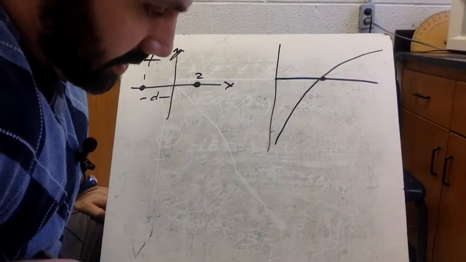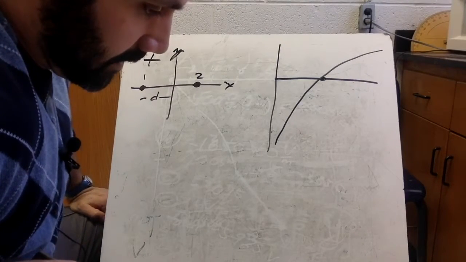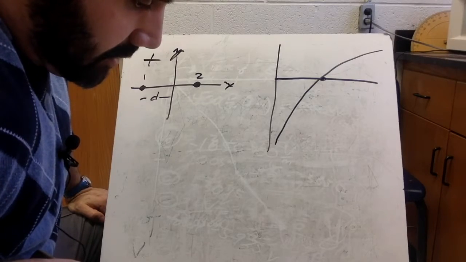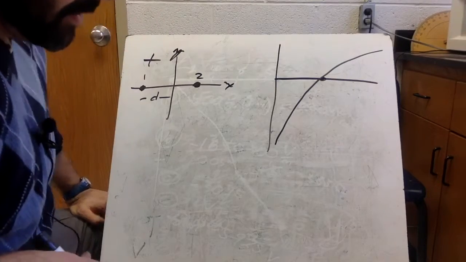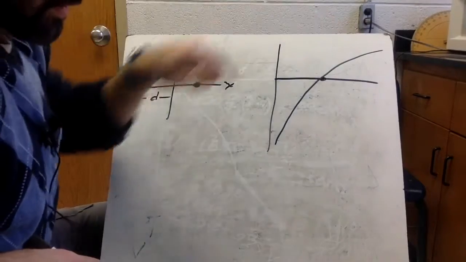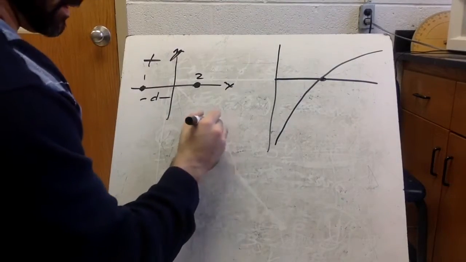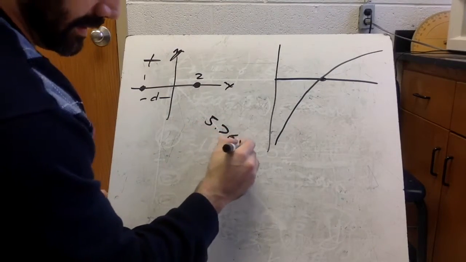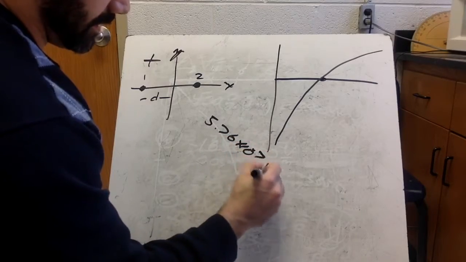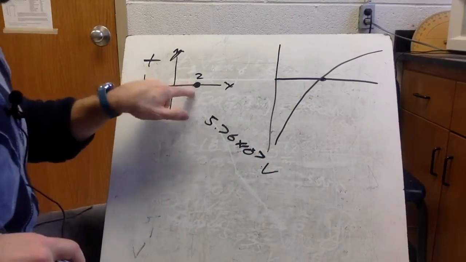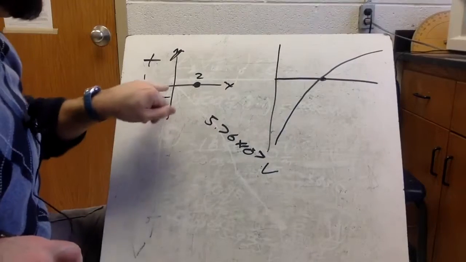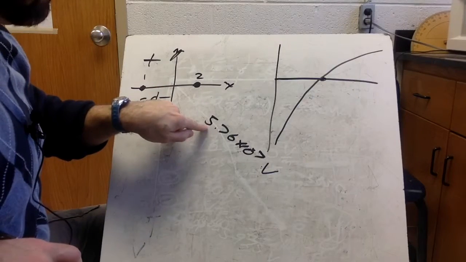And then notice it has an asymptote of 5.76 times 10 to the negative 7th volts. That means that when this is an infinite distance away, the electric potential here is this, right?